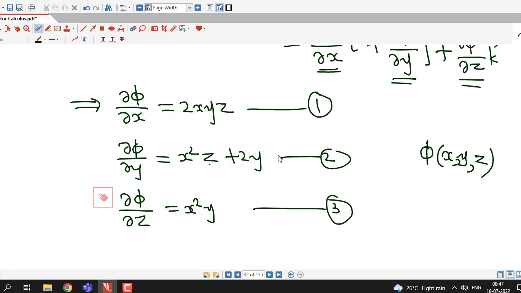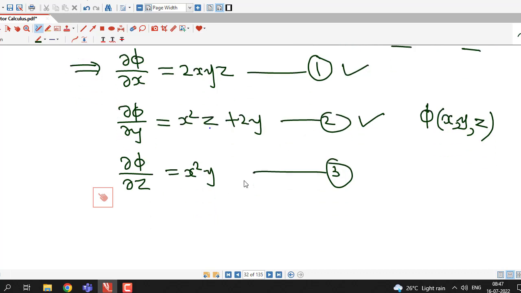So we can start with any of these three equations. If we want to start with equation number 1, we will integrate with respect to x, considering y and z as constant. Similarly, if we want to start with equation 2, we can integrate it with respect to y, considering x and z as constant. Similarly, we can start with equation 3 also. That is our choice, but we will use all three equations in the process of obtaining the scalar function phi.